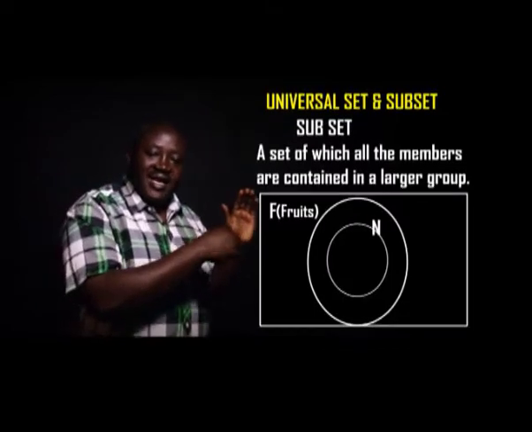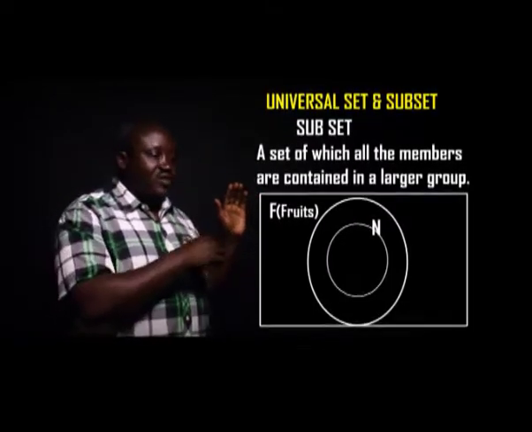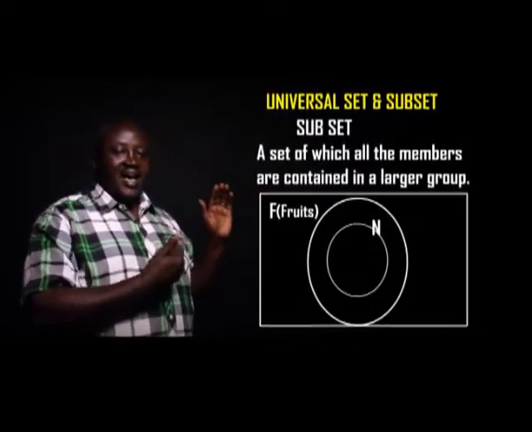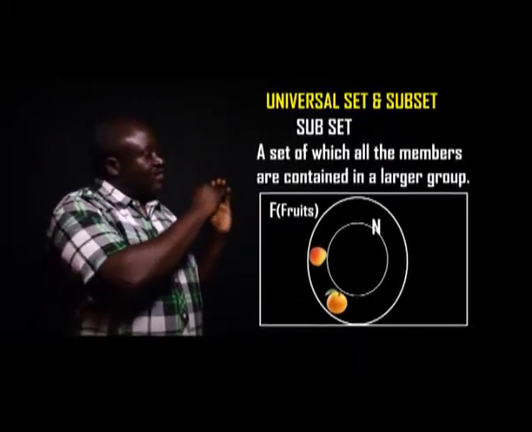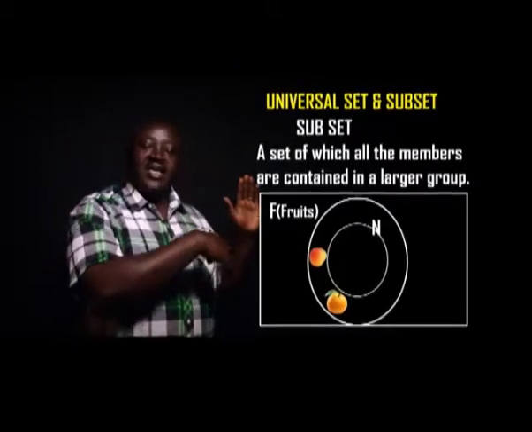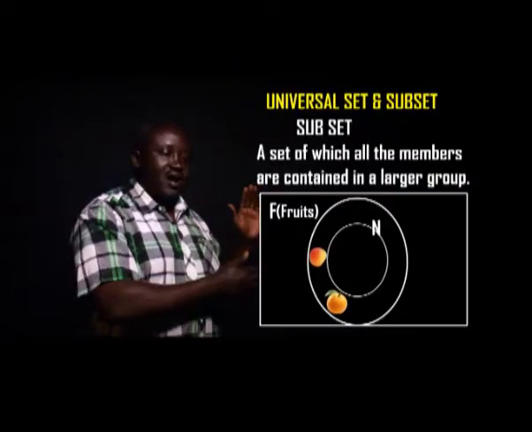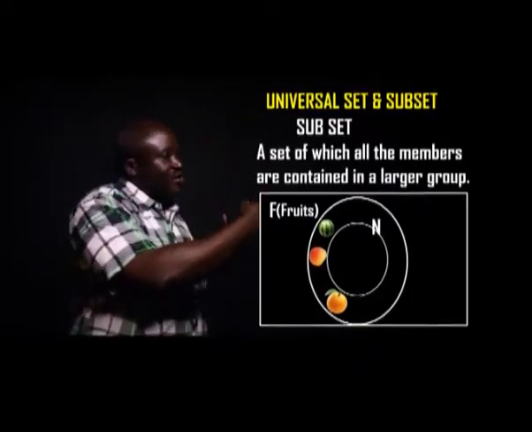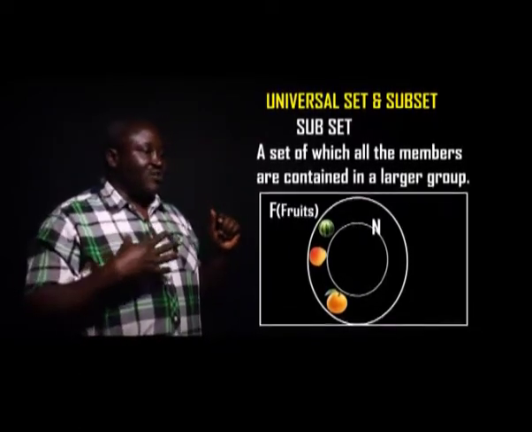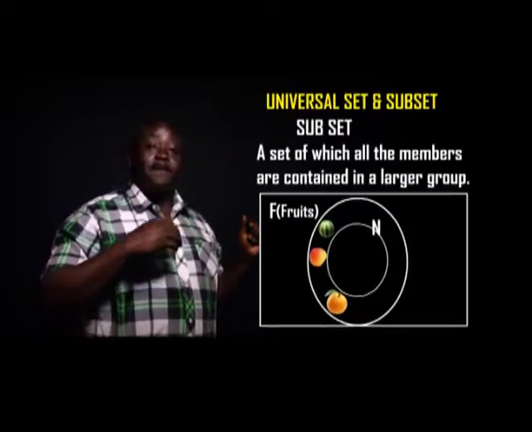In the inside subset, you can call it maybe N. In the bigger set, you can have oranges, melon, pineapple.